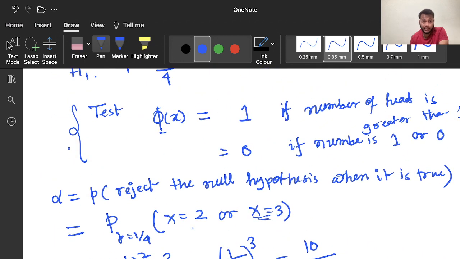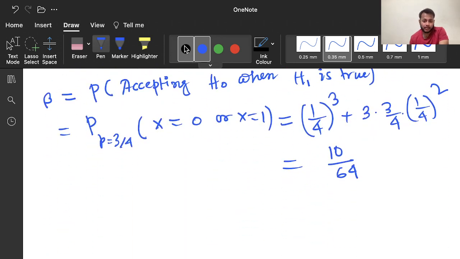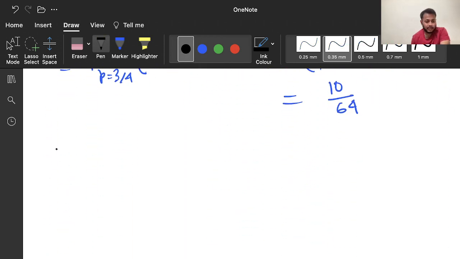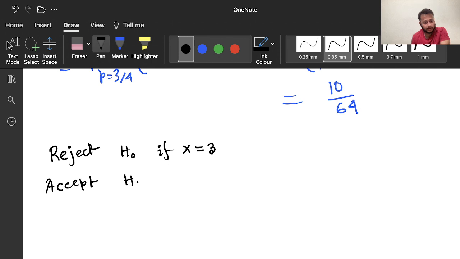Let us see another thing. Suppose we do not take this test, rather we take another test. Suppose our test is like this: we will reject H0 if x is 3 and we will accept H0 if x is 0, 1, 2.